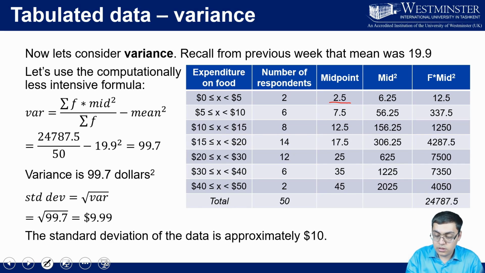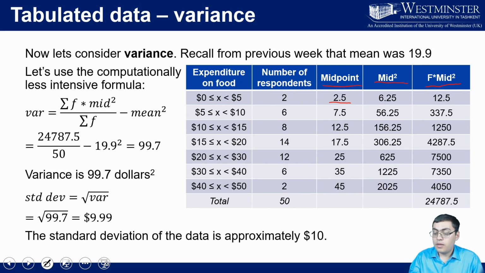So these are my midpoints that I have. Their square is in this column over here. Right? And then I start multiplying my midpoints with the number of observations that I have for that particular range. So that's going to be in this column over here.